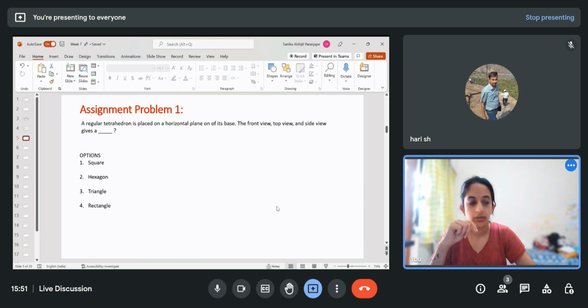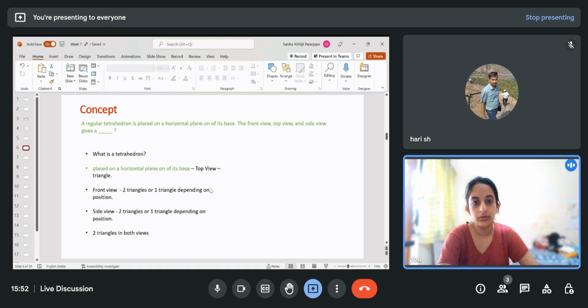Okay, so let us go through the assignment problem. So we have a regular tetrahedron which is placed on a horizontal plane on its base. So this is similar to the problem that we did now. So how will it look in front view, top view, and side view? Tetrahedron, like I mentioned before, has four sides.